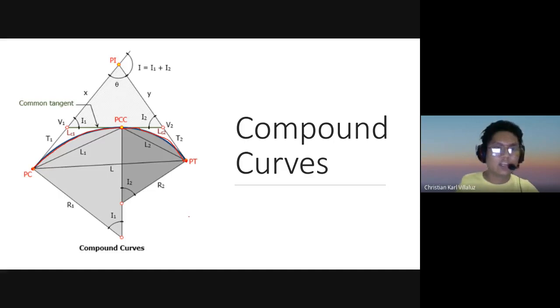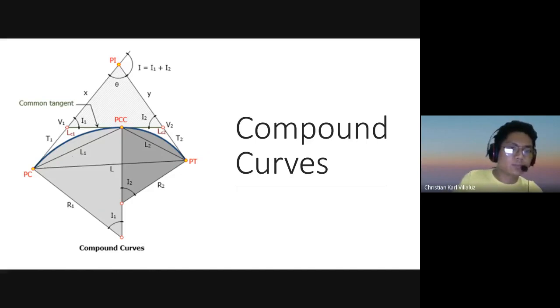So parang ide-diretso lang. Pero kung ikaw yung driver, mafe-feel mo yung sudden change in sharpness of the curve due to the design of the roadway, which is a compound curve, which has two different radius of the simple curve, of the compound curve rather.